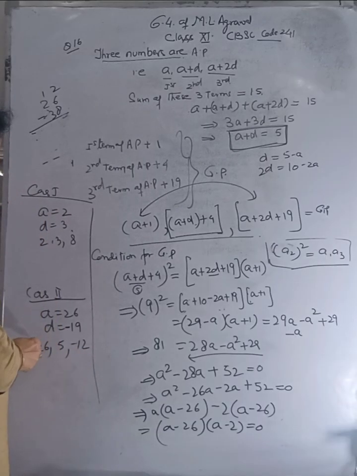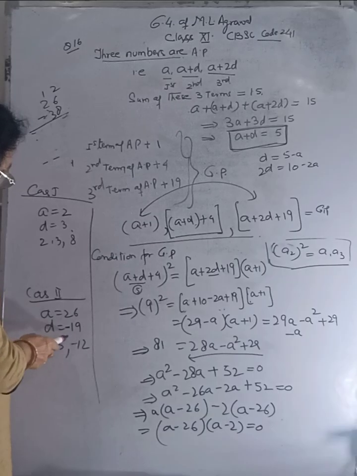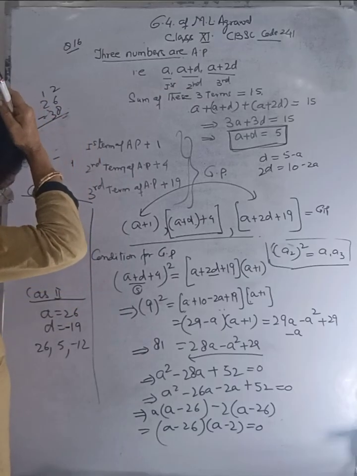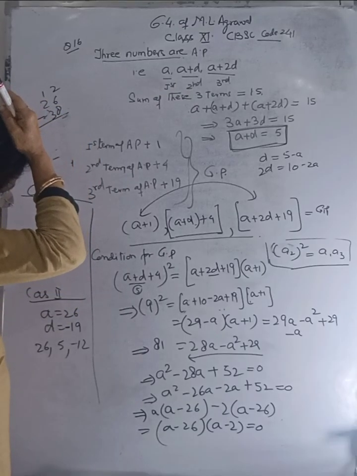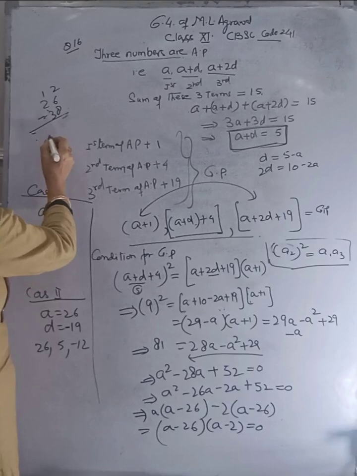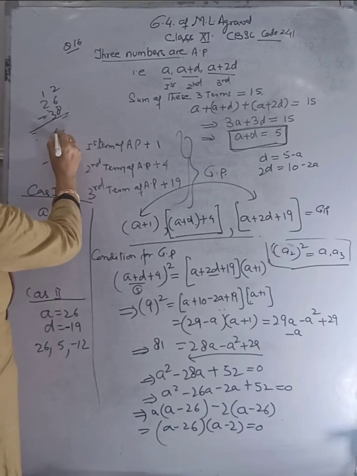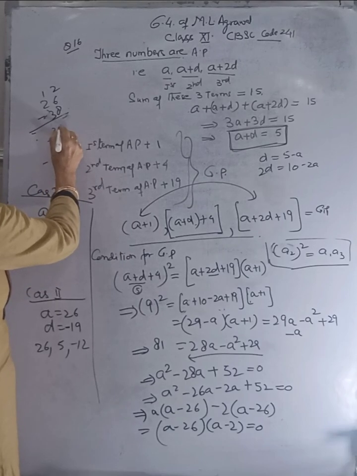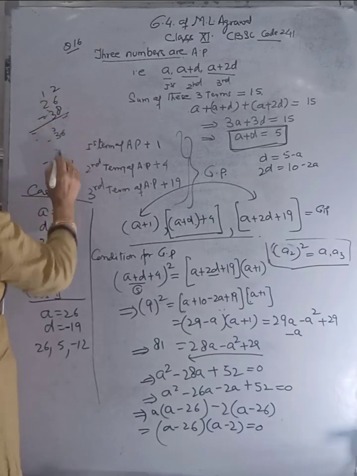26 is the first term. D is equal to minus 19. So adding minus 19, we are left with 5, absolutely right. After that, adding minus 19 again, minus 12.